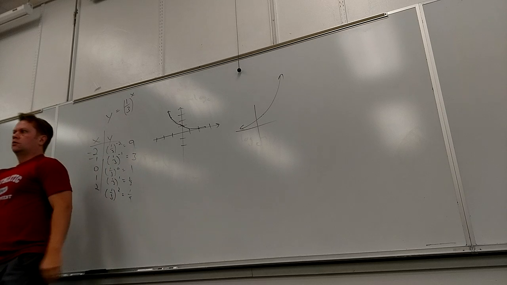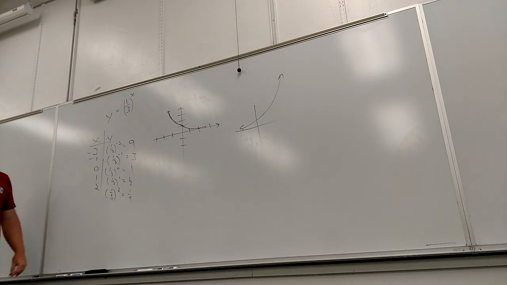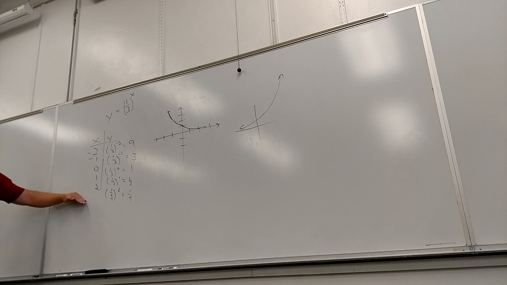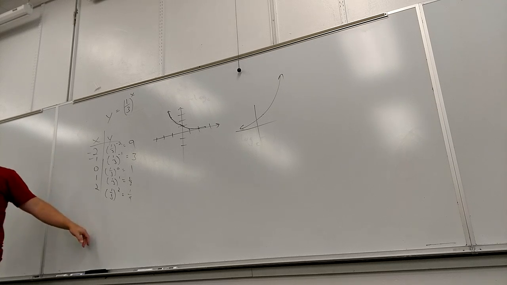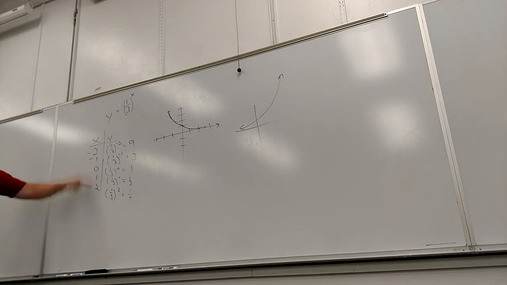For the x values, are those always the numbers you would use? These are the ones that I highly suggest people start with. Depending on what the function looks like, these might not be good enough, and maybe you've got to put some fractional values in there. But for the most part, I start here and see if that's good enough to get an idea of the shape.